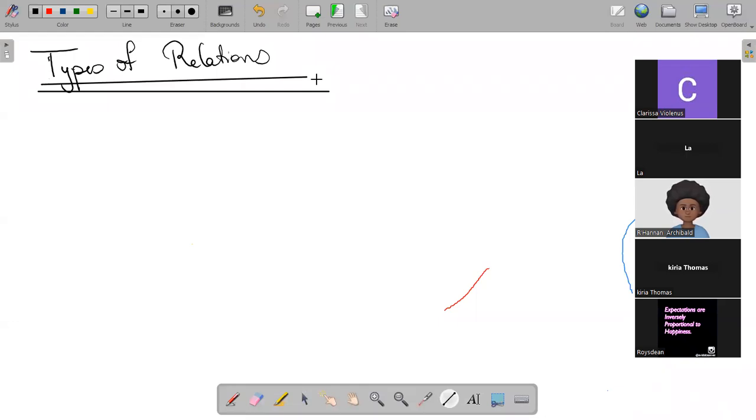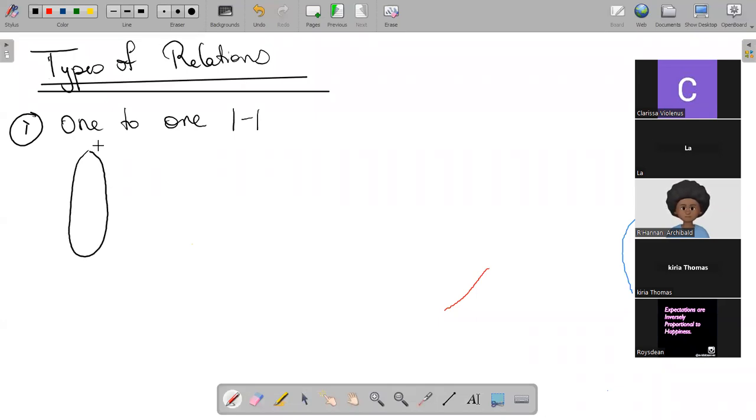The first one, guys, is a one-to-one. So this is very important, okay? So I need y'all to copy this down quickly. The first type is a one-to-one. And a one-to-one is usually written like this, one-to-one. Let me see if you understand why it's a one-to-one.